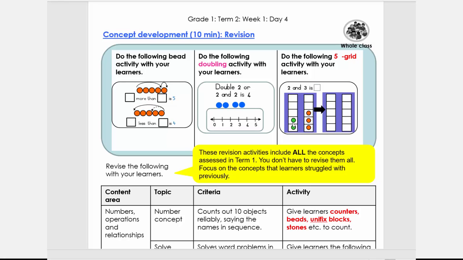So we see then 2 plus 3 is 5. So they start to recognize a whole group of 5. You can do a variety every time, and every time it needs to be equal to 5.